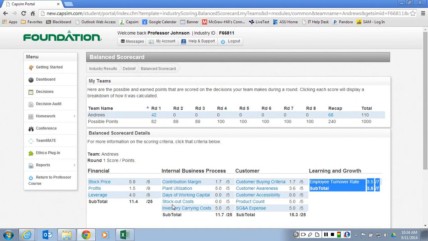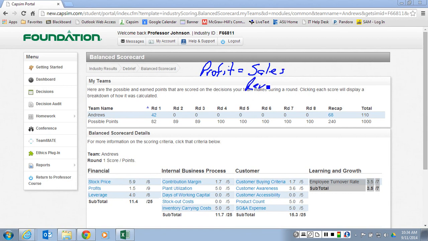If you're doing good at profit, okay, because you got to remember, you got to keep the big picture in mind when you're doing this simulation. So you got to remember, all right, profit is our sales, our revenue, which is the same thing, minus our expenses.